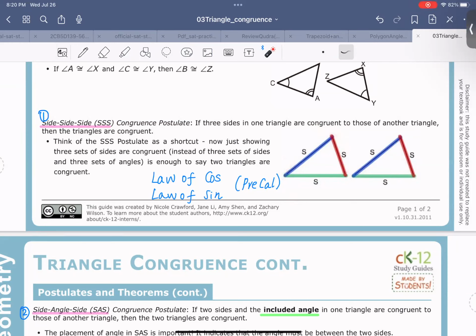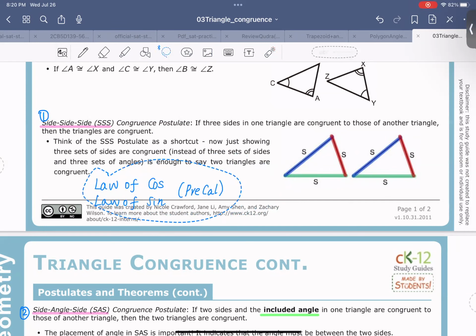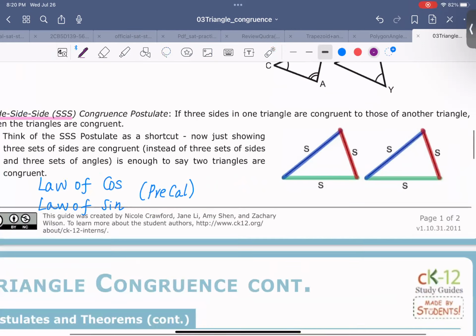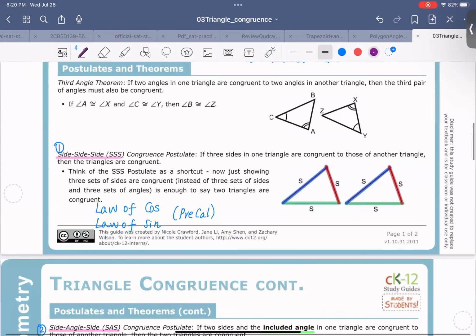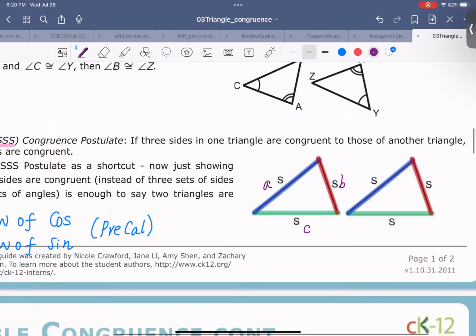That is going to wait until we learn pre-cal. It's called the law of cosines, in the future. If you like to learn something advanced, I can show you this. If you call this side a, this side b, and this side c, you use lowercase for the length and uppercase for the angle.